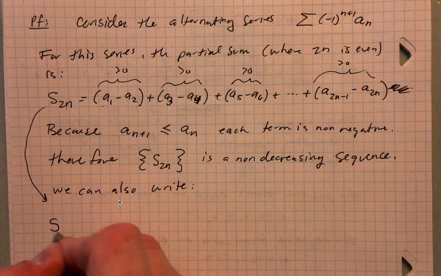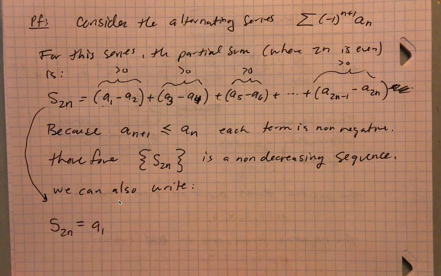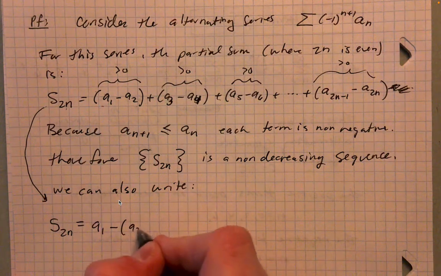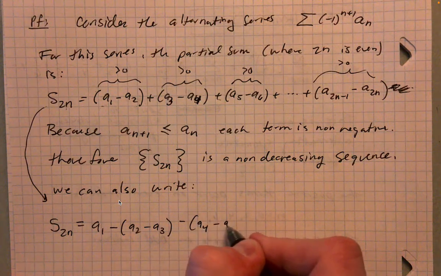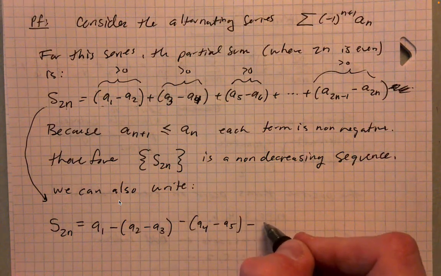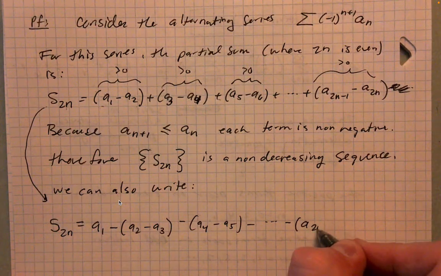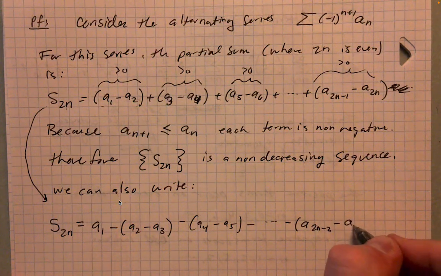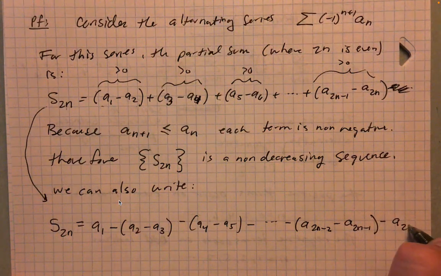S of 2n is equal to a1 minus (a2 minus a3) minus (a4 minus a5) minus dot dot dot minus (a of 2n minus 2 minus a of 2n minus 1) minus a of 2n.